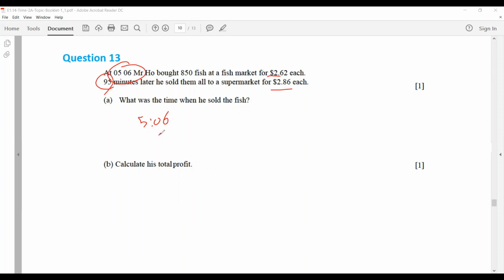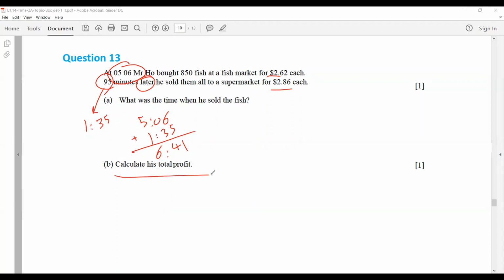You can put 95, but that makes it complicated. I would rather convert this to hour and minute. Just subtract 60 from it and you're left with 35 minutes. So this is equal to 1 hour 35 minutes, right? And then you add it because they say 95 minutes later. So when you add this, you get 6:41, right? At 6:41, he sells them.